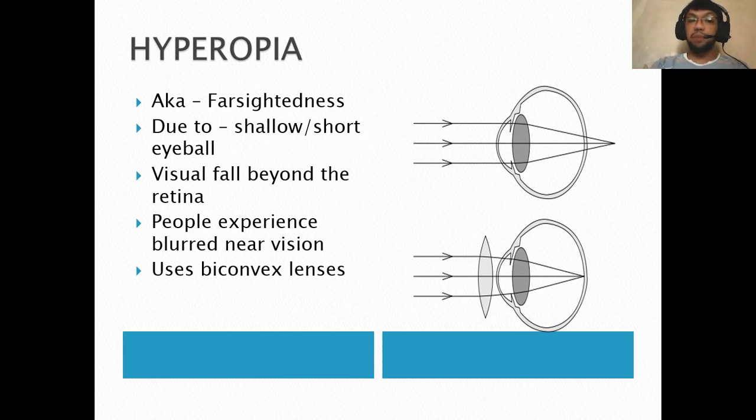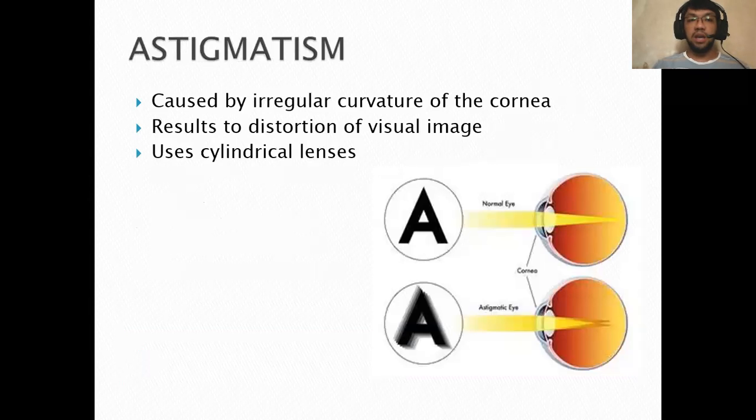And people experience blurred near vision, that's why those using phones keep it away from their face, because if they keep it near their face, they are going to experience this blurred vision. And the type of lenses used by hyperopic people would be biconvex lenses. So this is how ophthalmologists correct hyperopia by using biconvex lens.